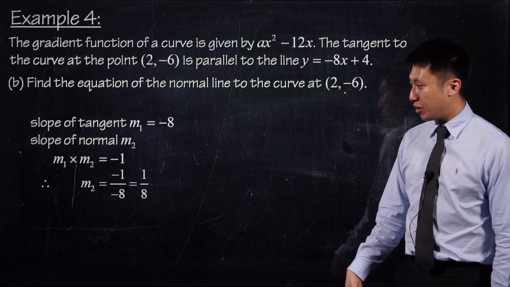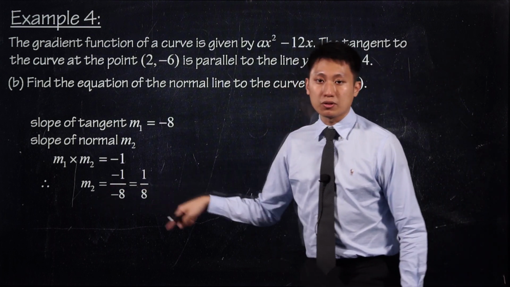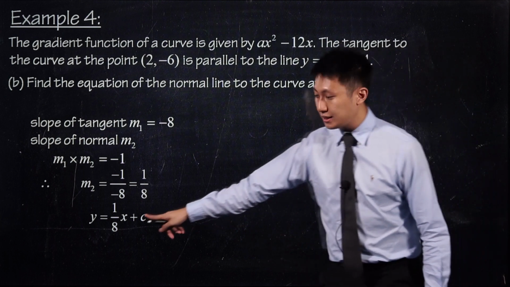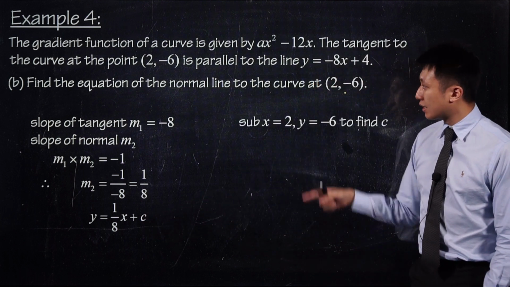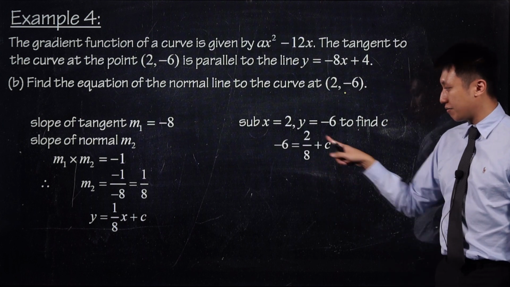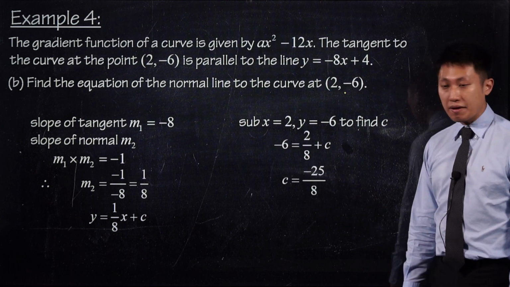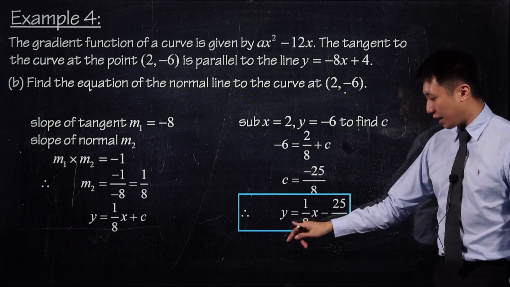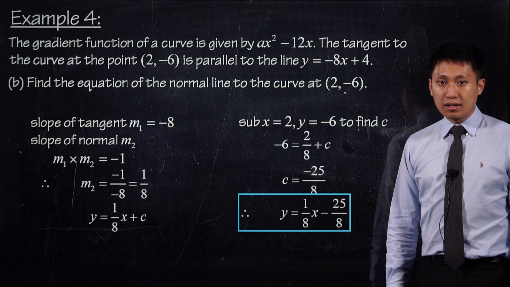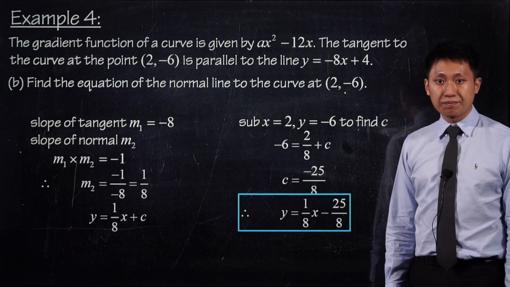And hence, m2 is equal to 1 over 8. After I get the slope, what do I do? I have to find c. How do I find c? I sub 2 and negative 6 to find c. Then I found c. c is negative 25 over 8. And the answer is y equals 1 over 8 x minus 25 over 8. Okay, right?